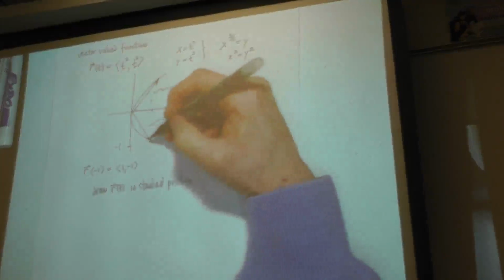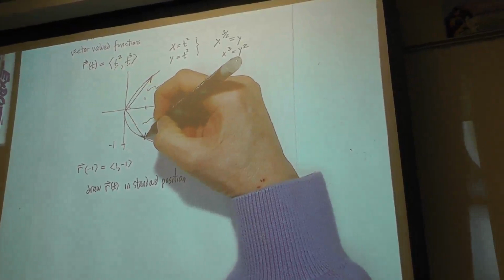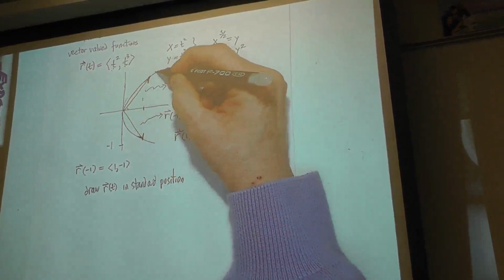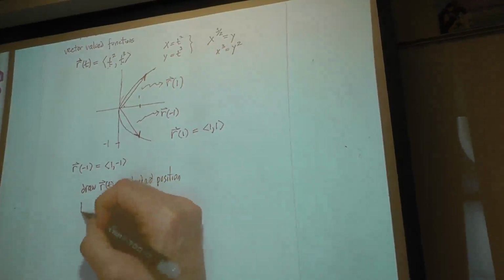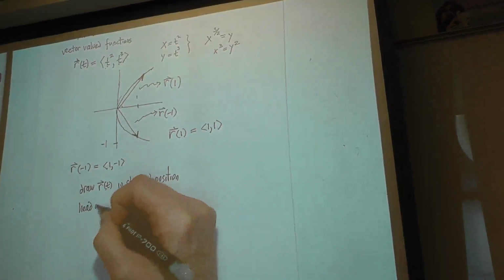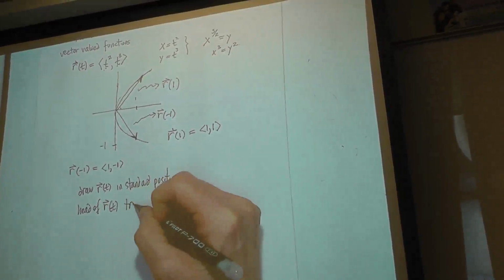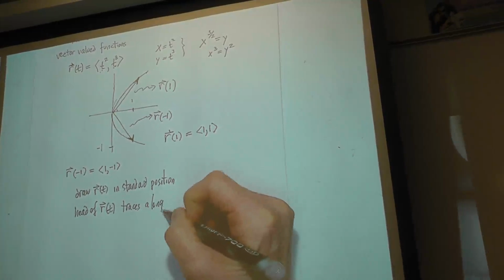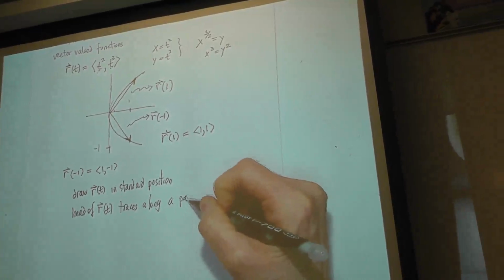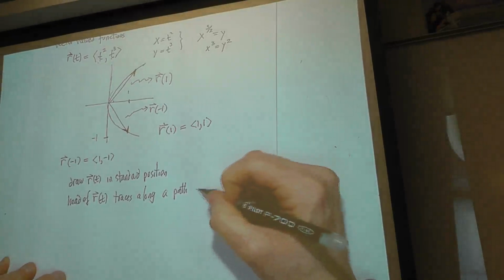When I do that, the head of the vector traces along a path, and that will indicate the direction of motion.